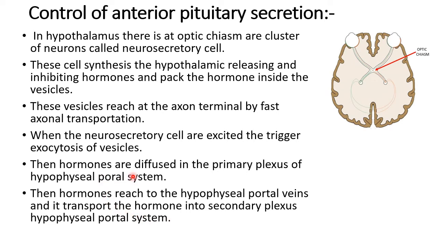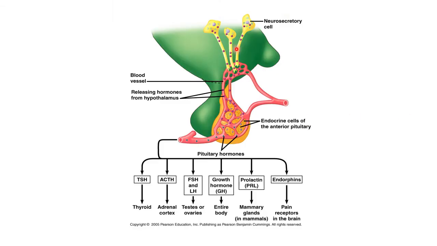So what happens when they diffuse into the primary plexus? The primary plexus transports the hormones into the hypophyseal vein, and the hypophyseal veins transport the hormones into the secondary plexus. Here you see the secretory cells.